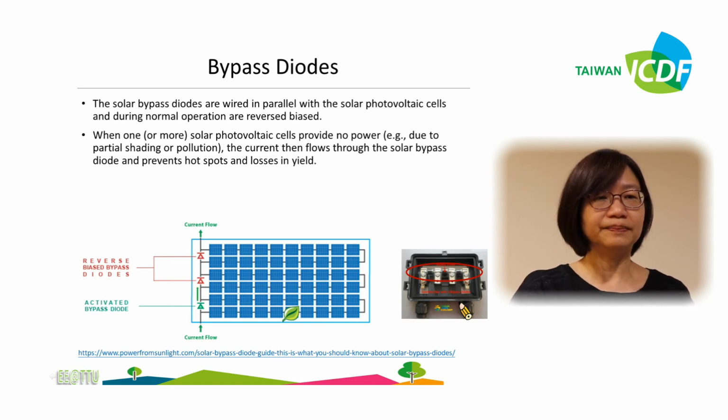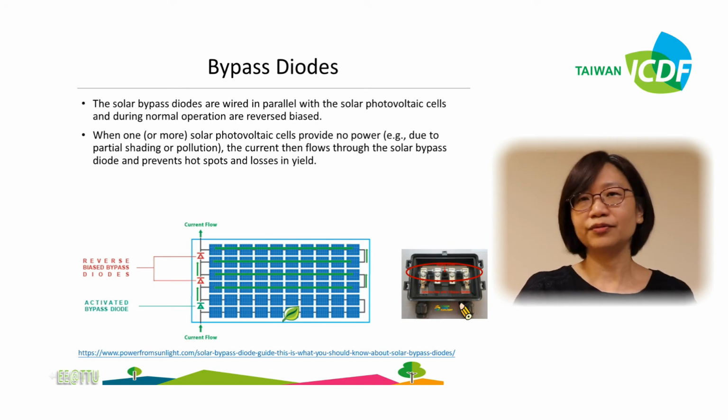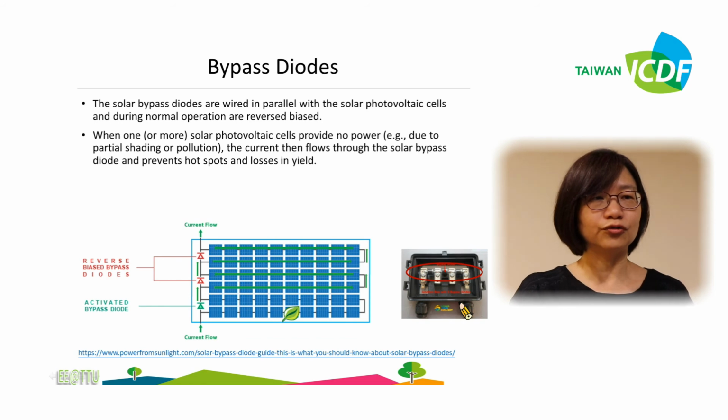Therefore, we can still use the panel. In this case, there's a leaf on top of the string, but we can still use 2/3 of the module to generate power.